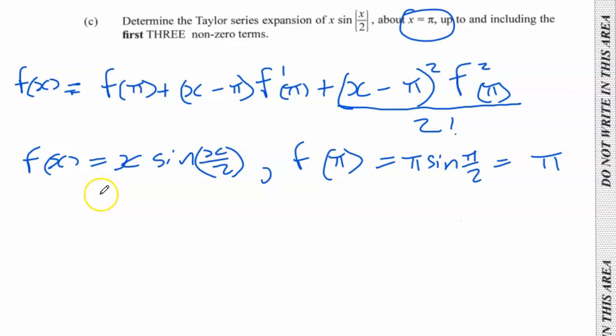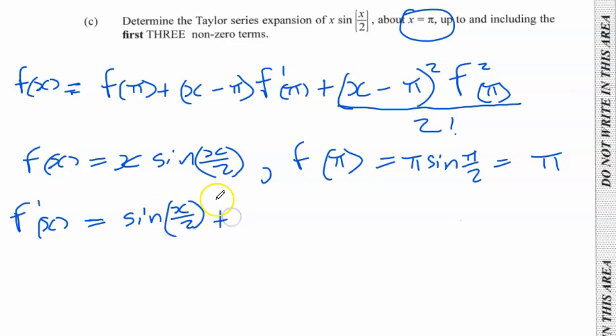Let's find f prime x, and we're going to use the product rule. Differentiate x, we get 1. So it's 1 times sine x over 2, plus, this time we're going to keep x now. Differentiate sine x over 2, or sine half x. We get half cos x over 2.